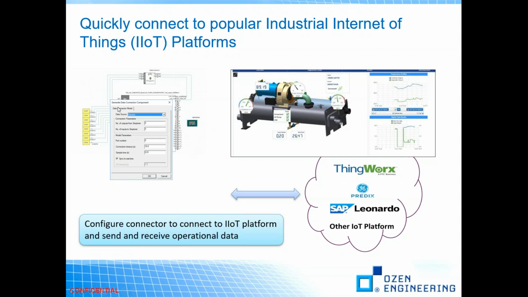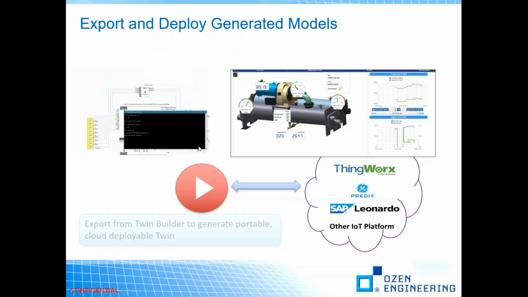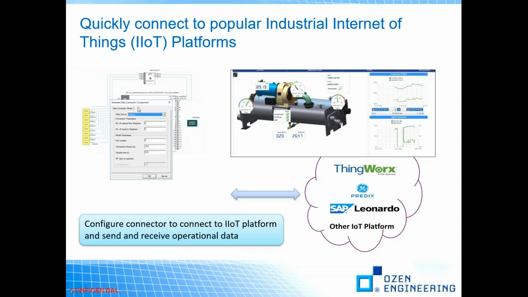So this is the point where we talk about the data connector. It's relatively simple. Same as the other ROM subcircuits, you just use the data connector subcircuits, and you will be able to drop a box.